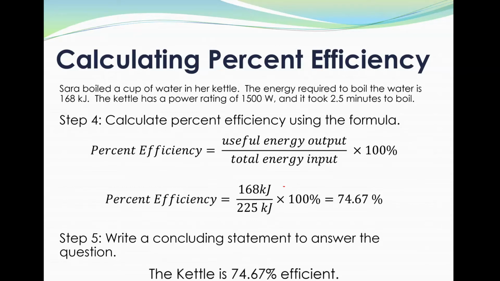And the concluding statement would be the kettle is 74.67% efficient. So this basically is 2.5 minutes converted into seconds. Okay, just in case you didn't realize what I was doing there.